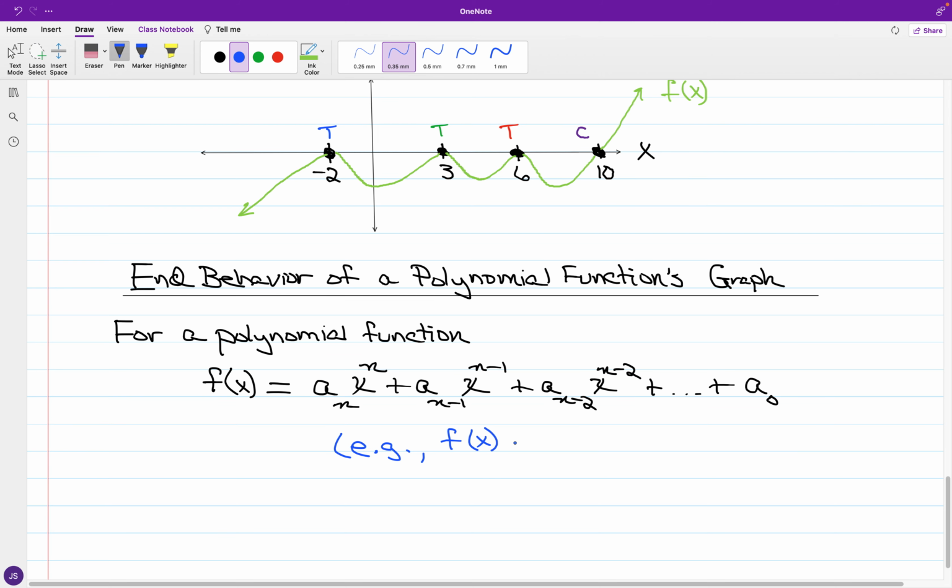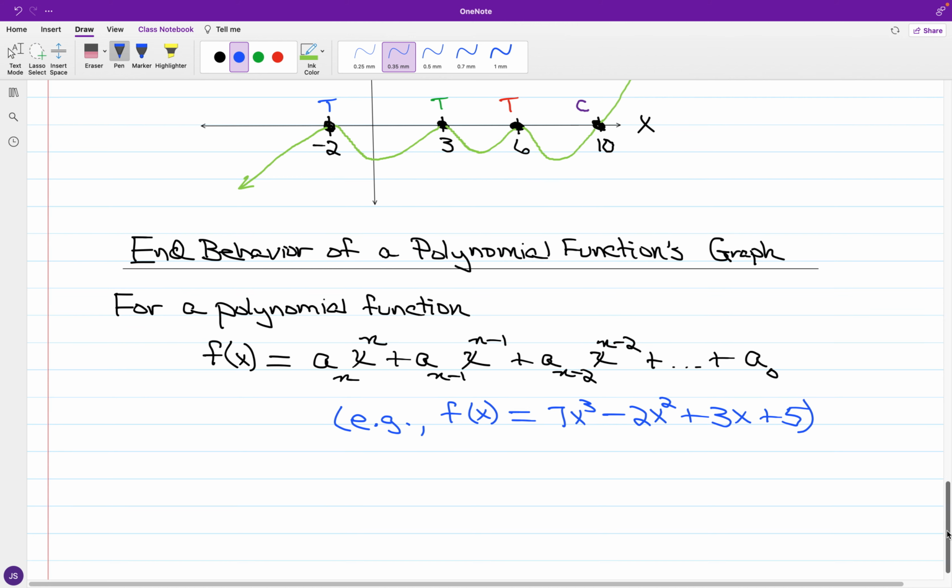Like f of x is equal to 7x cubed minus 2x squared plus 3x plus 5. So this is a specific case of what I have with the theoretical notation.